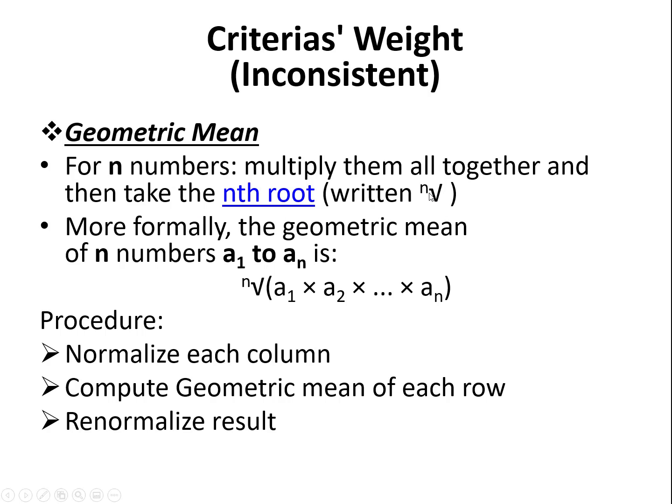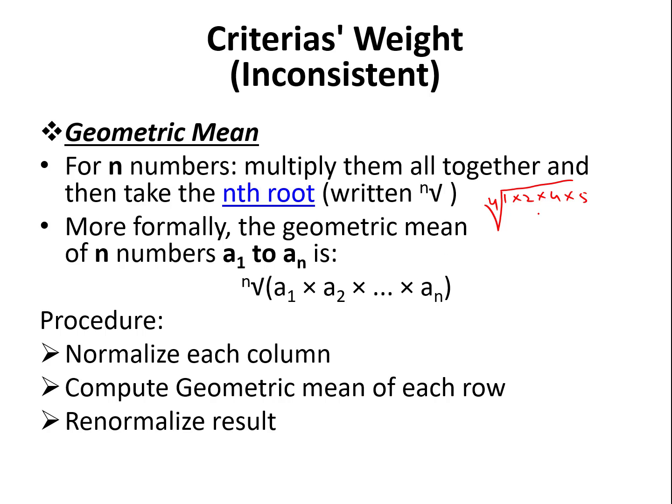For example, if we have 1 into 2 into 4 into 5, we have 4 numbers, so n is 4. Multiply them all together and then take the nth root. More formally, the geometric mean of n numbers a1 to an is the nth root of their product.